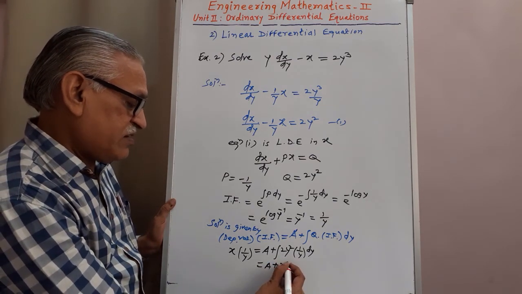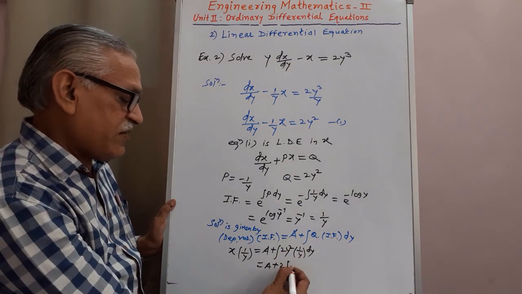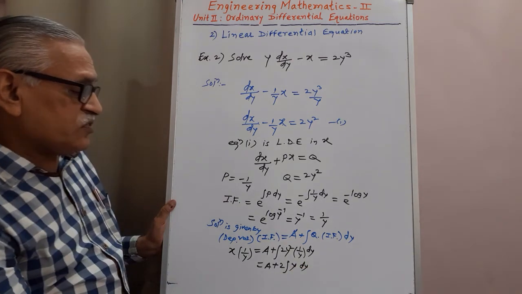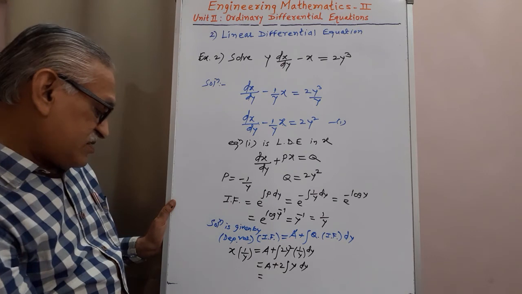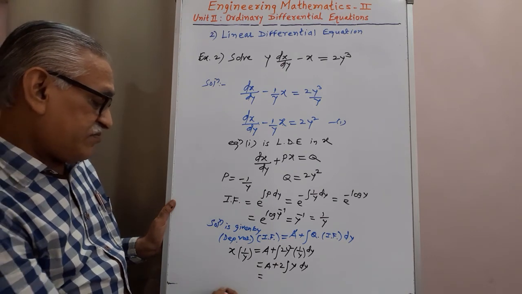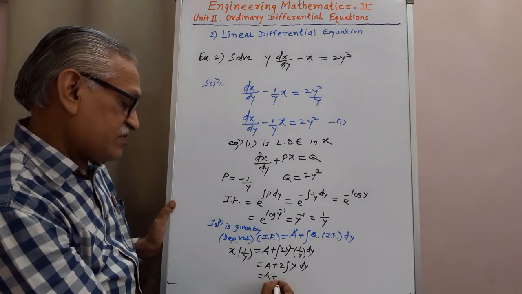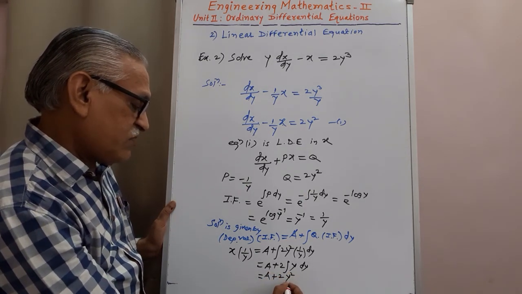The constant 2 we can take outside. The integration of y square by y means y remains, and its integration with respect to y gives y square by 2.